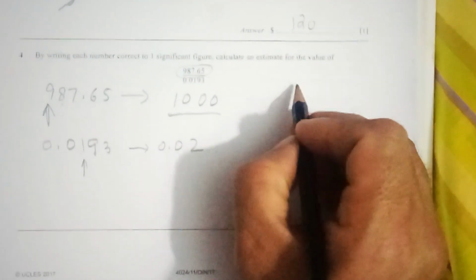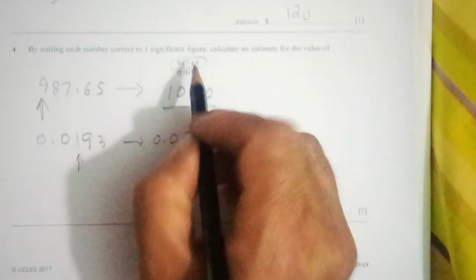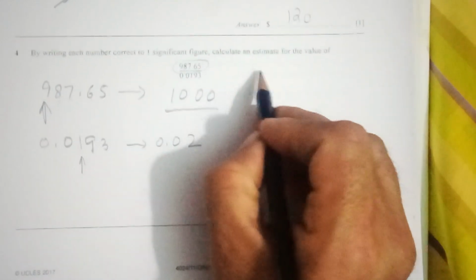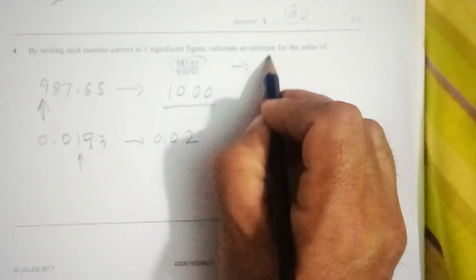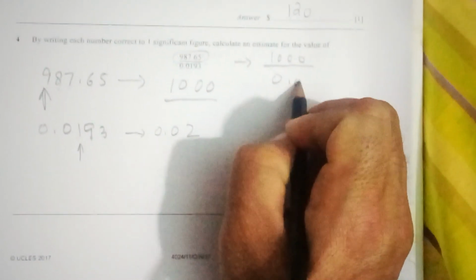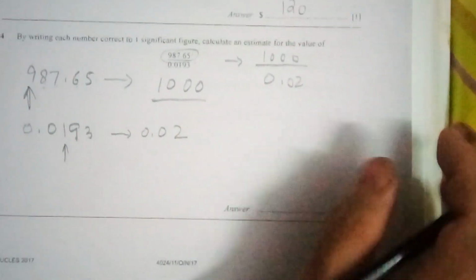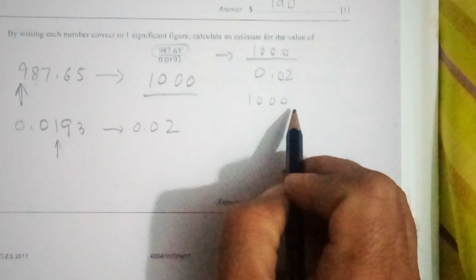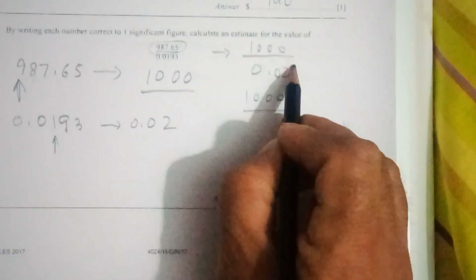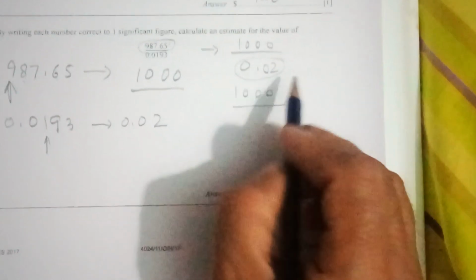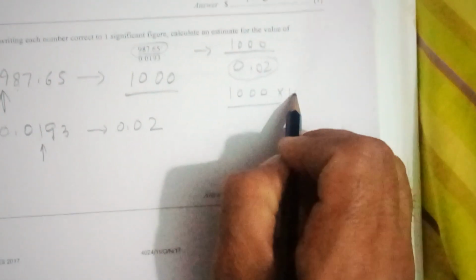So now I am going to simplify this and estimate this value. This has converted into 1000 divided by 0.02. If I remove the decimal, I will put 100 here, and this number will become 2.